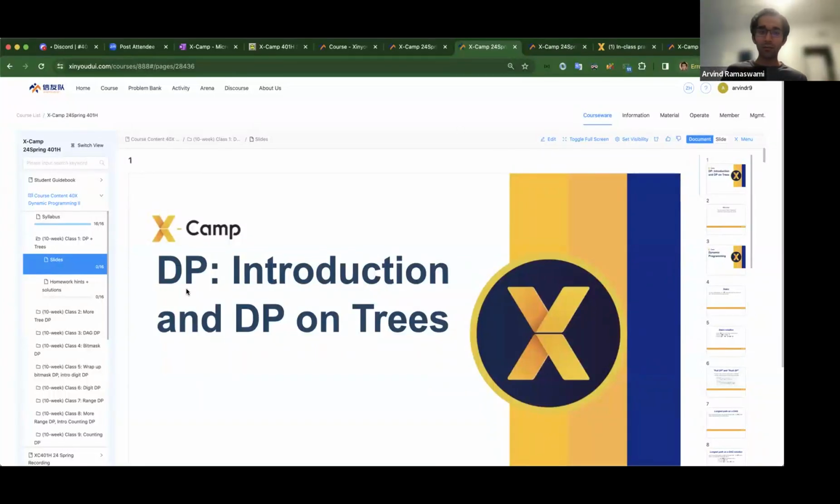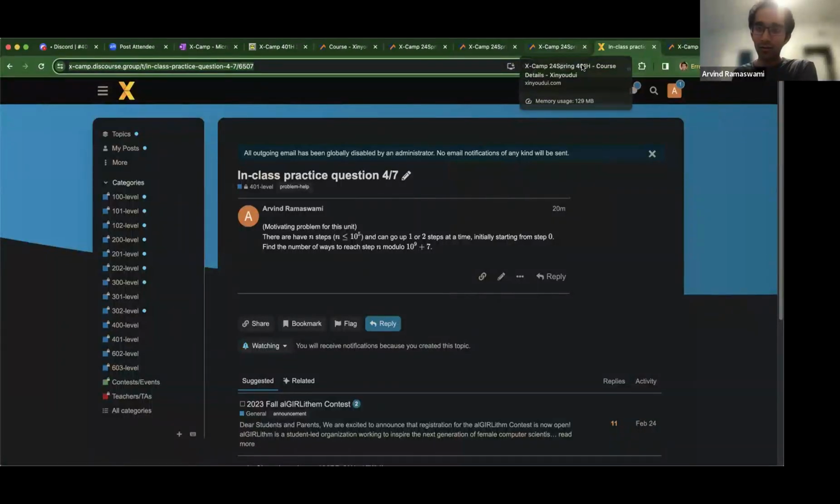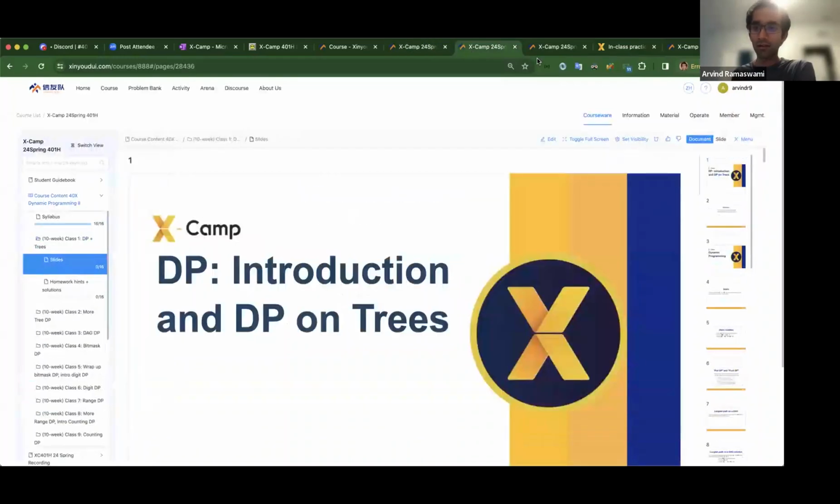Before we start going over content, we'll have our in-class practice question for everyone to answer. This is a motivating problem for this unit. I'll paste the link in the chat. I'll give people some time to write up the solution.